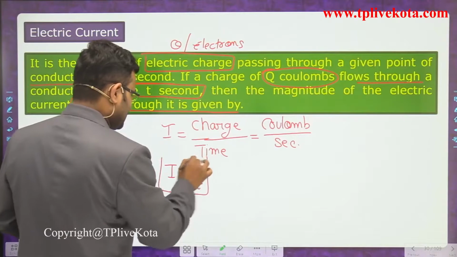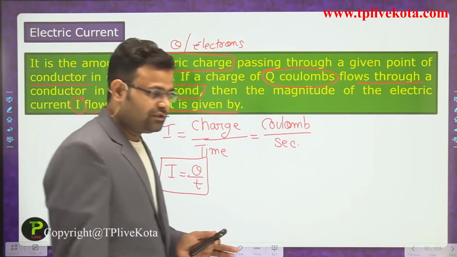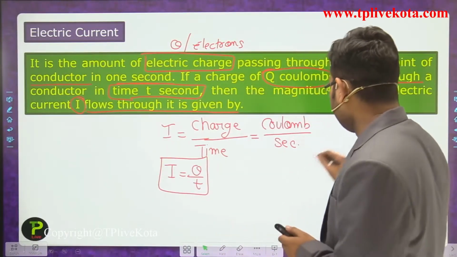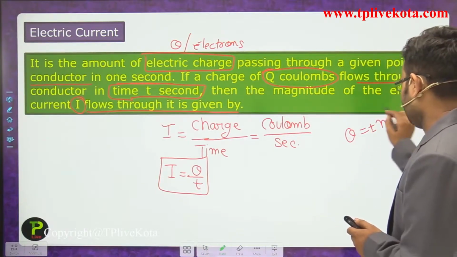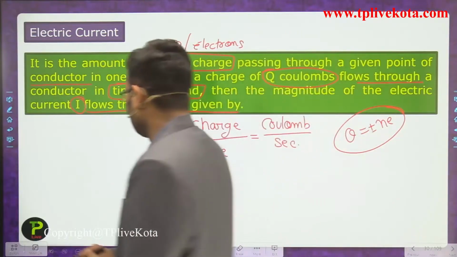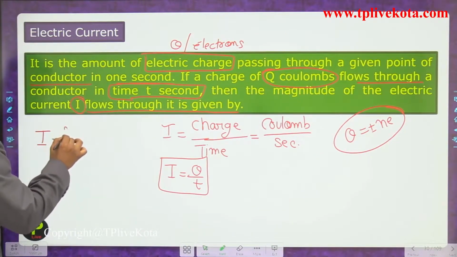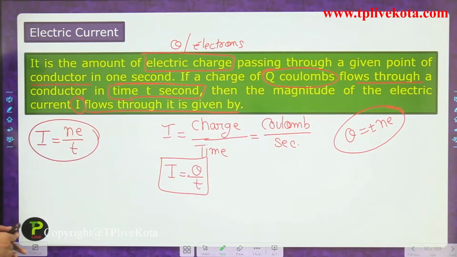That is the expression. And dear students, most of the students know that charge has a property, Q is equivalent to plus or minus Ne. That is the quantization property of charge. So we can use one more formula for electrical current: I is equal to Ne upon T. So both are correct formulas.